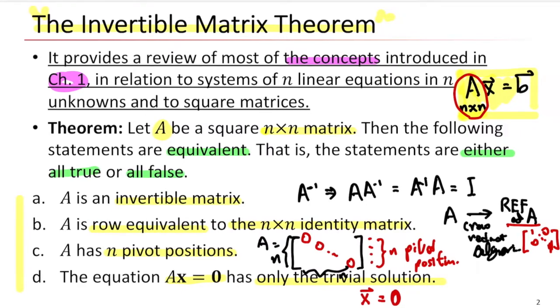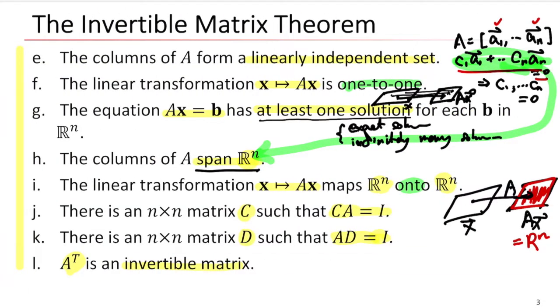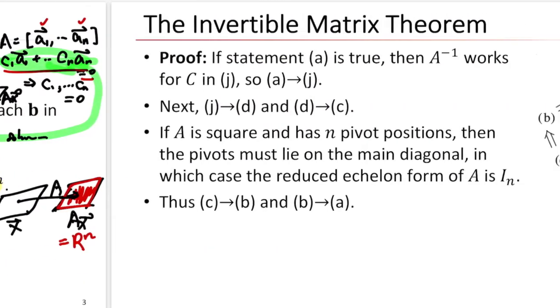Before moving on, if you want to understand what row equivalence, the pivot concept, the trivial solution, the span, onto or one-to-one mean, please go back to our previous lectures, which you can access on our YouTube channel. Then from now on, let's prove this theorem.